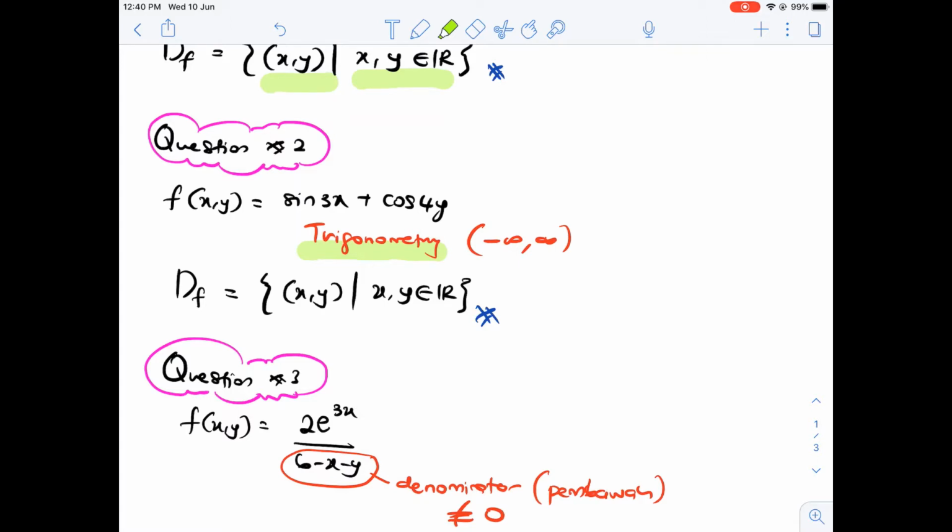So again, the values of x and y can be from negative infinity up to infinity, or we can say that the domain of function f(x,y) is (x,y) such that x and y are elements of real numbers, which means that there are no restriction for x and y.